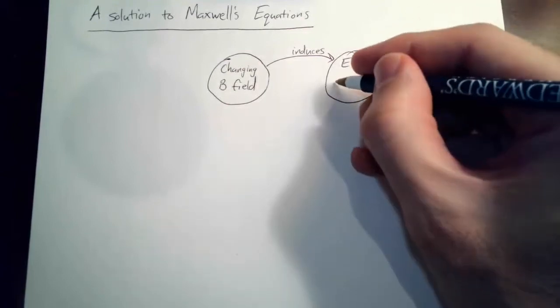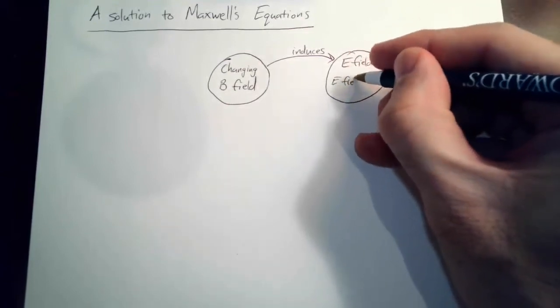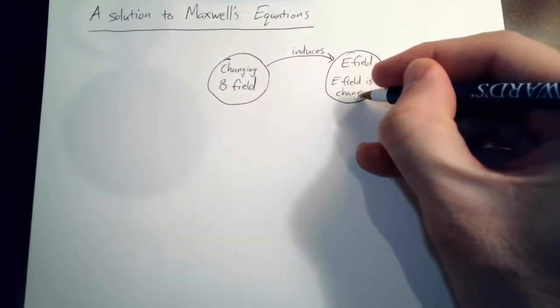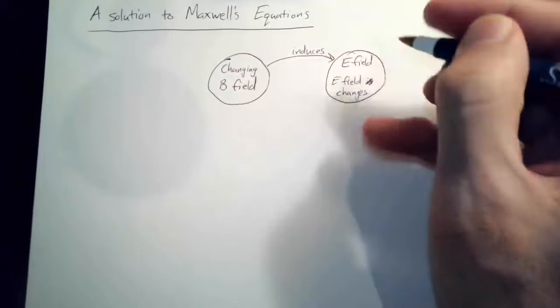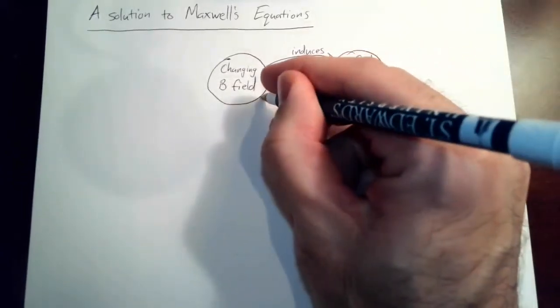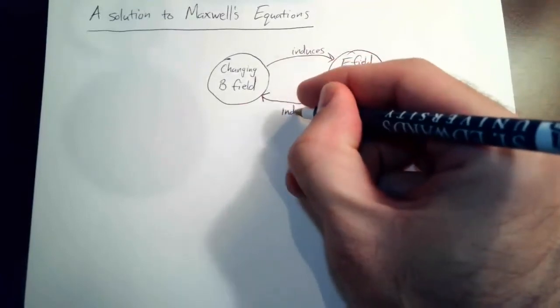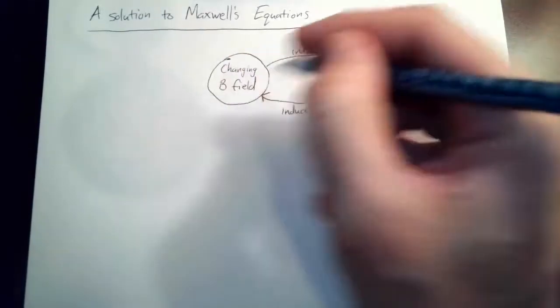And if in turn that E field changes, that, according to the Ampere-Maxwell law, can induce a B field.